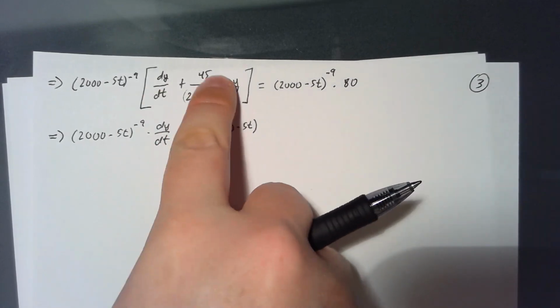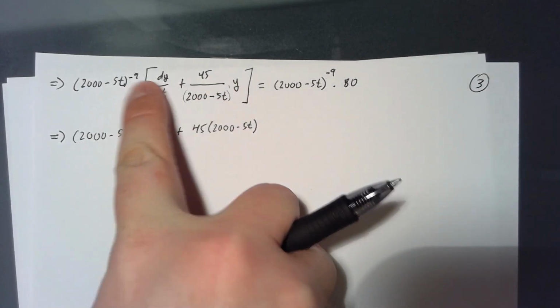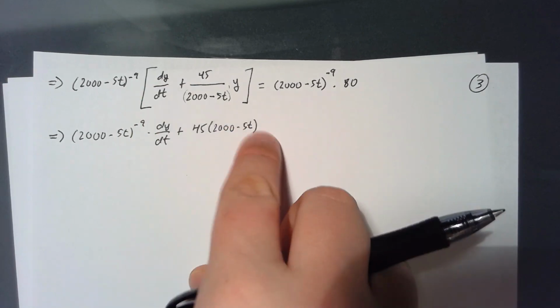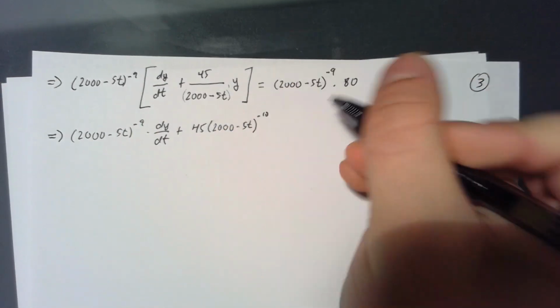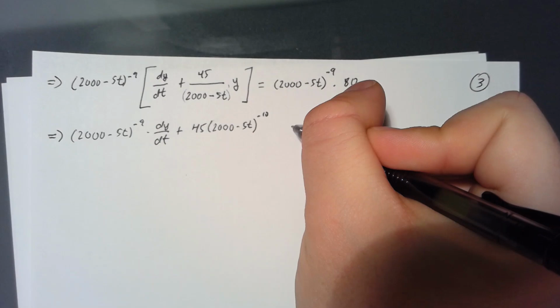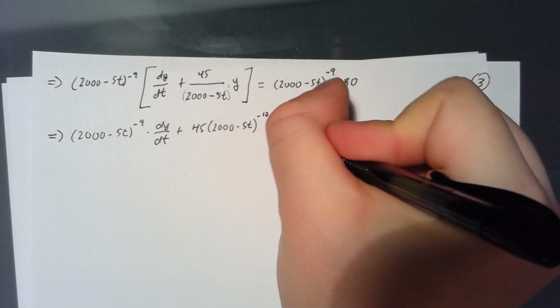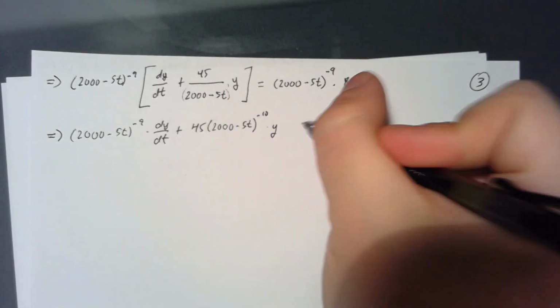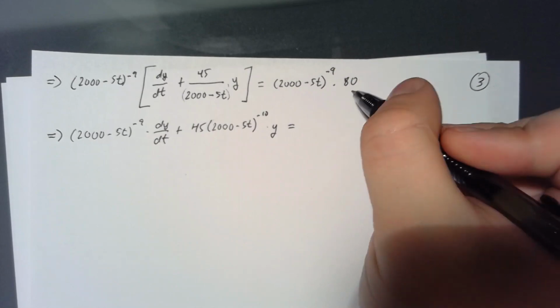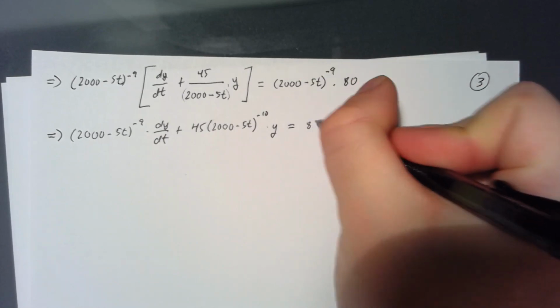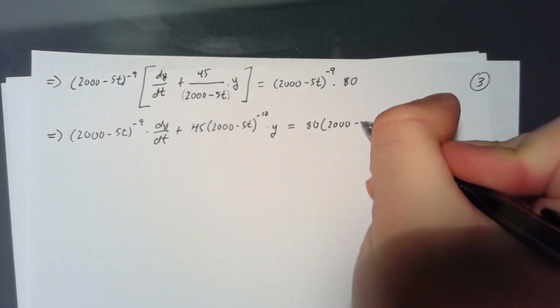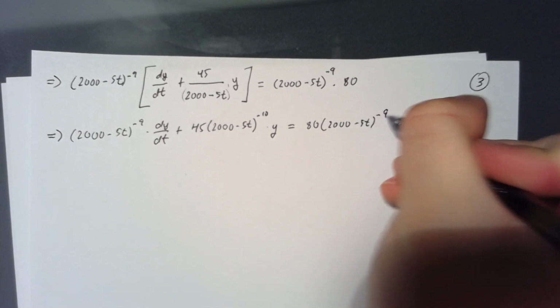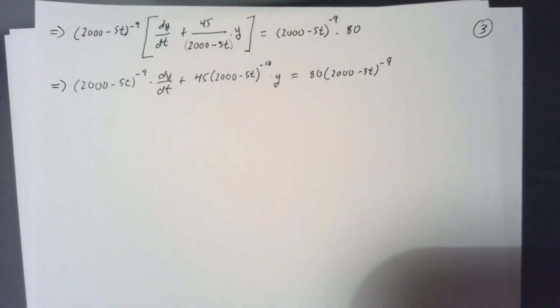If I brought this up and wrote it as -1, then -9 times -1, by properties of exponents, gives you the negative 10th power. And that's going to be times y, because of the y there. And that equals, so I'll just bring the 80 out front here. So that's what I have now.